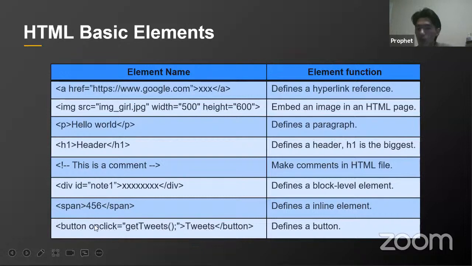When people click this button, it will trigger the onClick function that you write down here. Like once you click the tweets button, the get tweets function will be triggered.